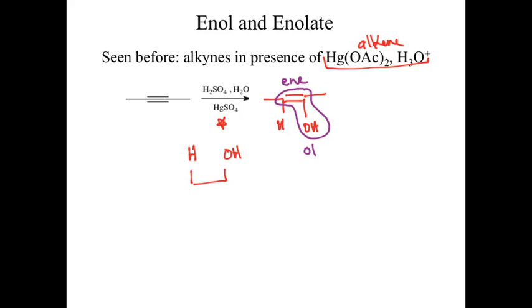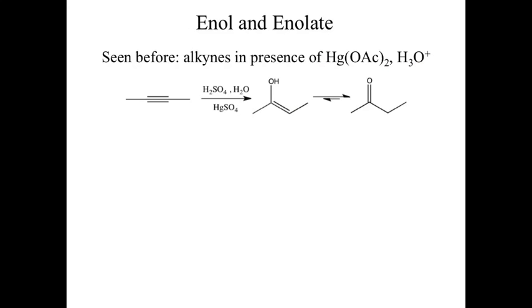Highly unstable, and when we dealt with this with our alkynes, that very quickly rearranges a little bit, and we end up with our ketone, or our carbonyl. Yes, technically we have the option of it showing up on either side in this case, because there is no real difference between those carbons on either side of that pi bond, so we don't have to stress about that.